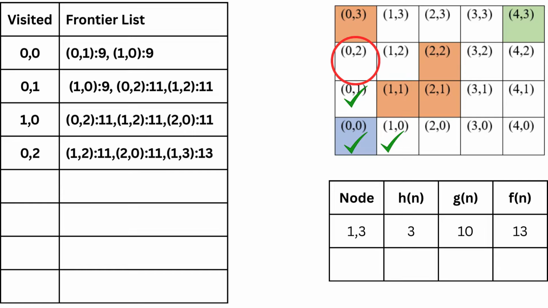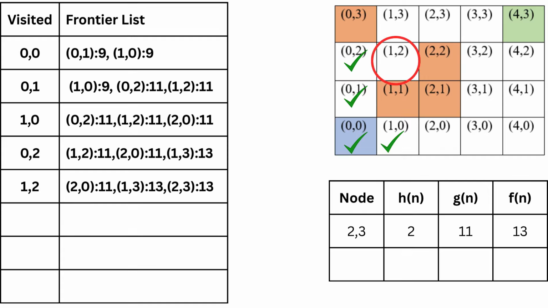We will just append 1,3 at the end of the queue with the cost 13. 0,2 has been visited. Now we are at the state 1,2. From 1,2, it can move to either 1,3 or 2,3. We already have 1,3 in the queue with the least cost. So we'll append only 2,3 at the end of the queue with the cost 13. We have now visited 1,2.